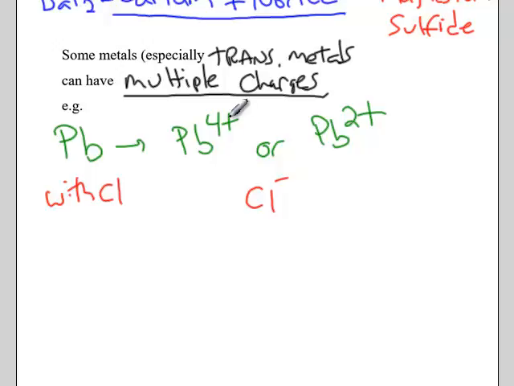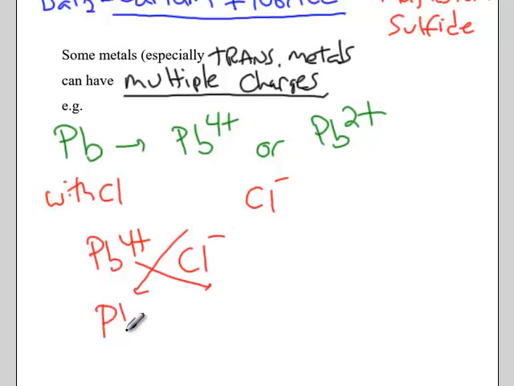So if we take the positive 4 version of lead and we do the crisscross with the Cl minus, we'll end up with 1 lead and 4 chlorine atoms.